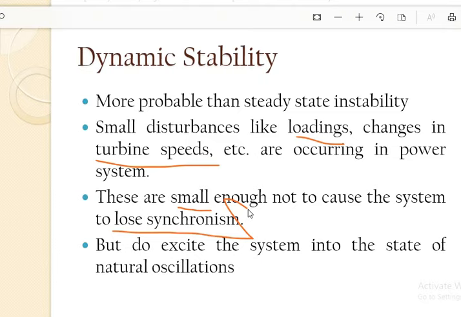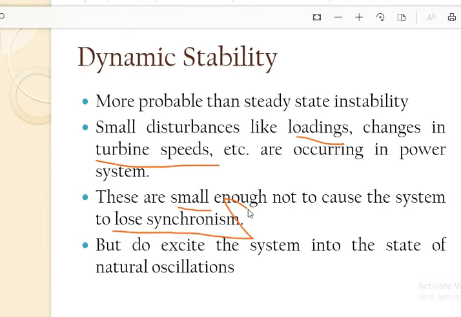Steady state stability means if your system is capable of withstanding gradual increase in load, then your system is steady state stable. Dynamic stability means there is no gradual increase in load. If a small disturbance occurs in your system, normally your system will not move out of synchronism, but that small disturbance can create oscillations in the system. If these oscillations are not damped properly, what can happen?